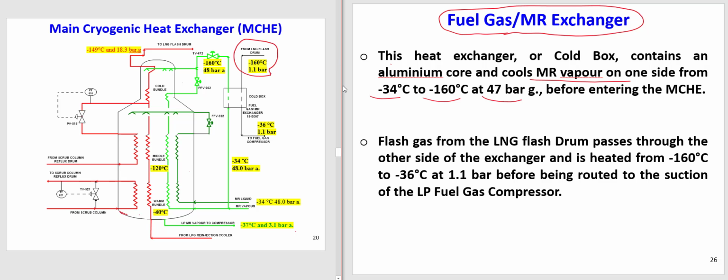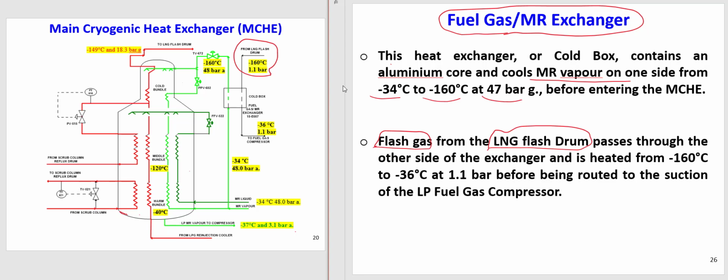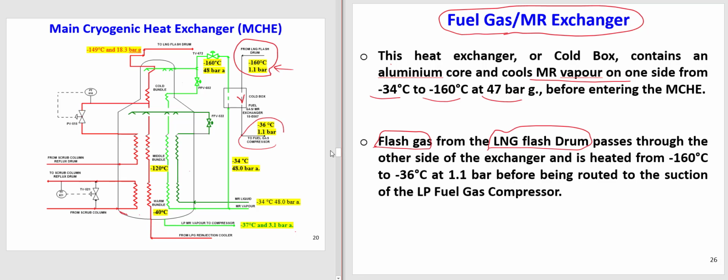It passes through the other side of the cold box. It arrives at minus 160 degrees C, and it leaves at about minus 36 at pressure 1.1 bar.